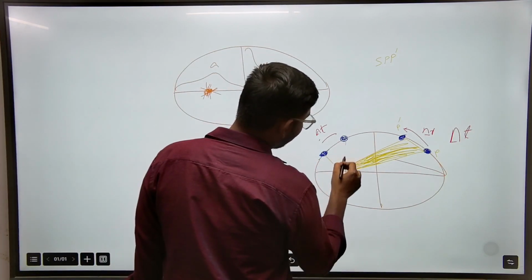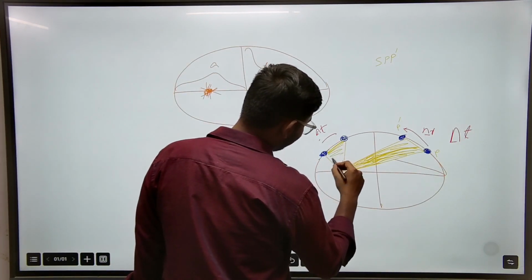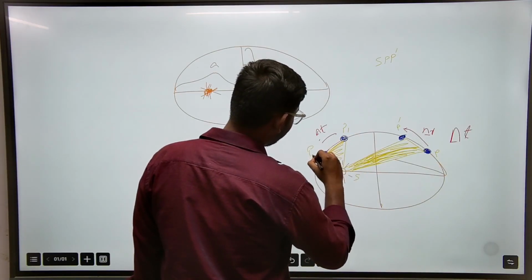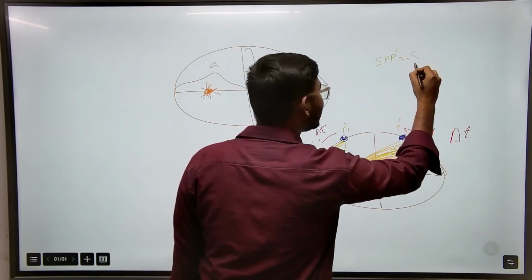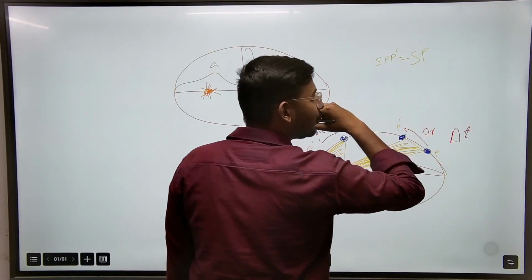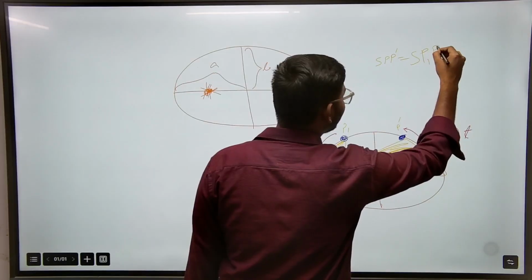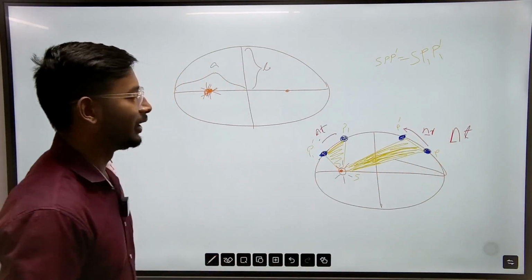The time is same. Now let us calculate this area again. This is, let's say, P1. This is P1 dash. So here, according to Johannes Kepler, the area S P1 P1 dash is equal to S P P dash.